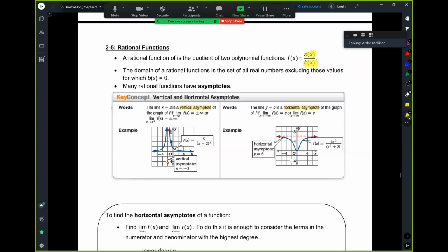All right? And rational functions, many of them will have asymptotes. So what are asymptotes? These are lines that the graph comes exceedingly close to but never touches.